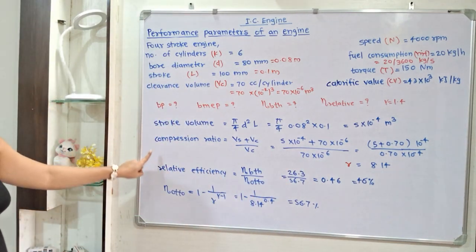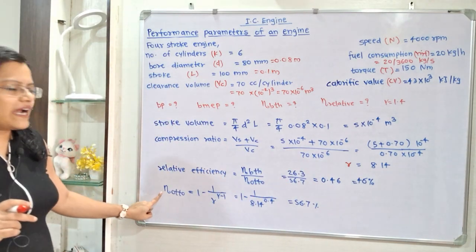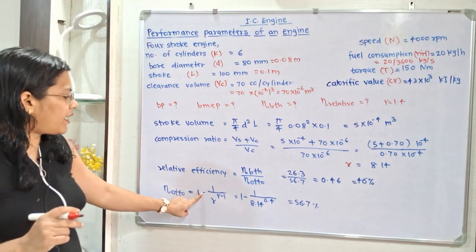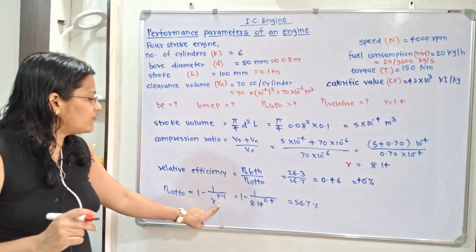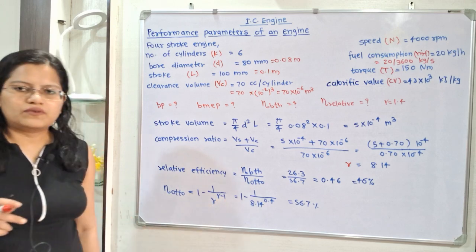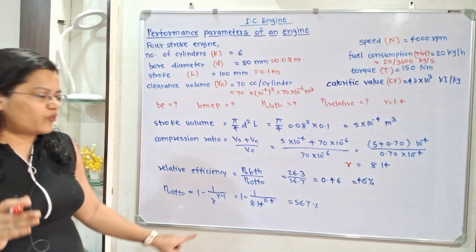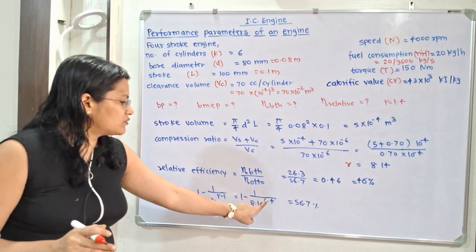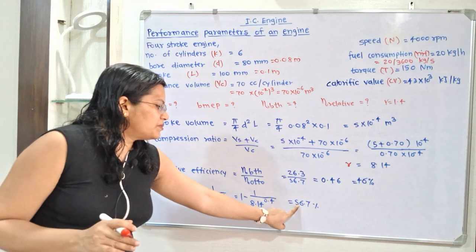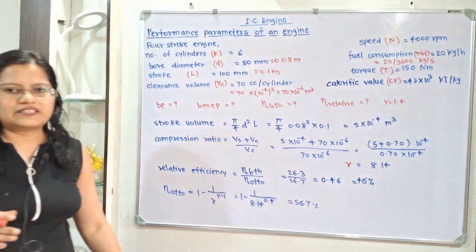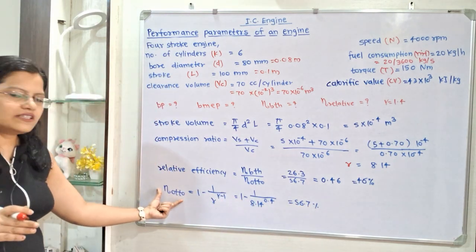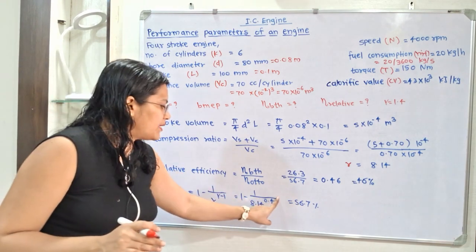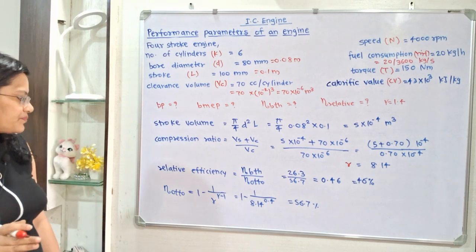Now we will calculate the air standard efficiency. So 1 minus 1 divided by 8.14 raised to gamma minus 1. Gamma is given as 1.4, so 1.4 minus 1 is 0.4. So it is 56.7%. We write this answer in percentage by multiplying with 100.